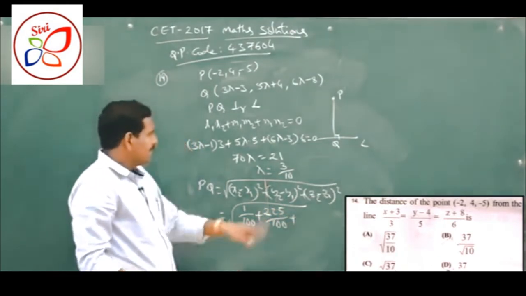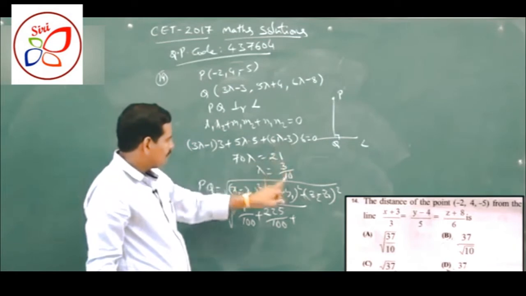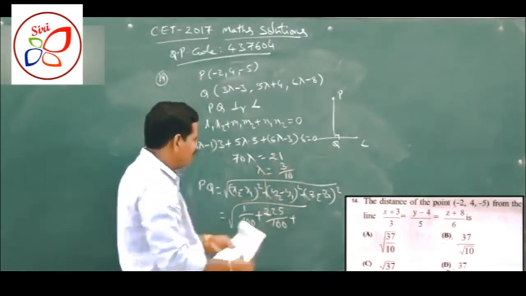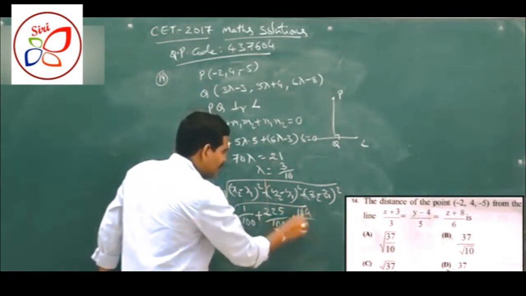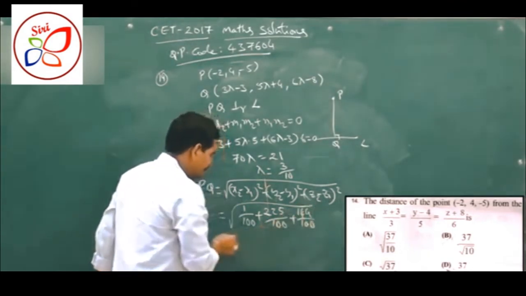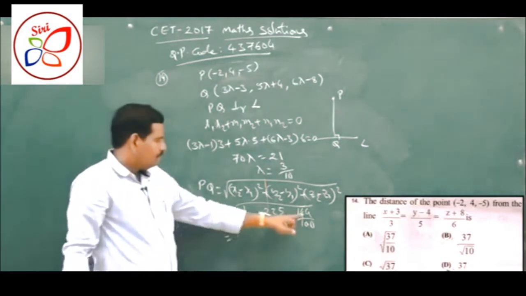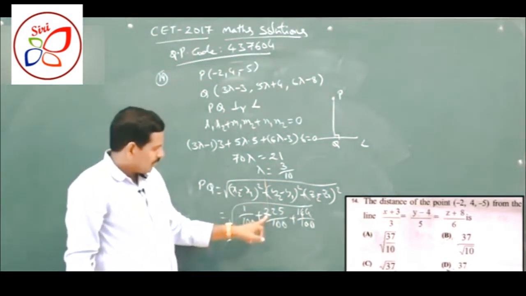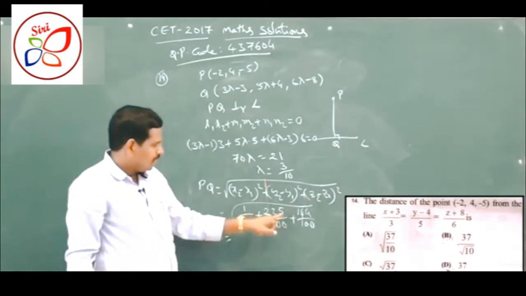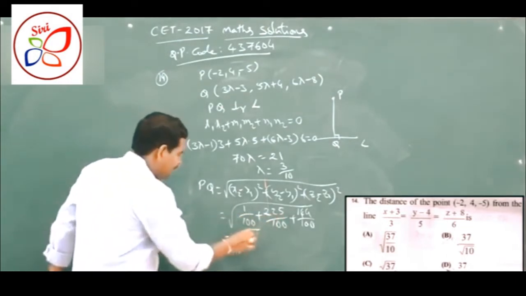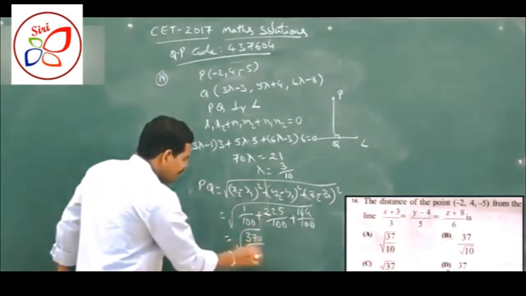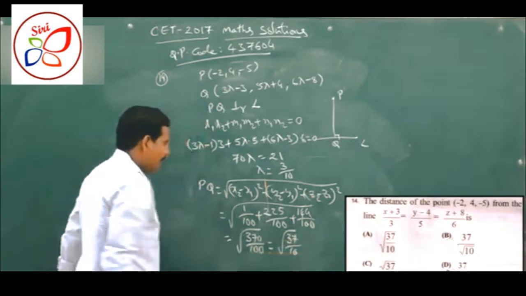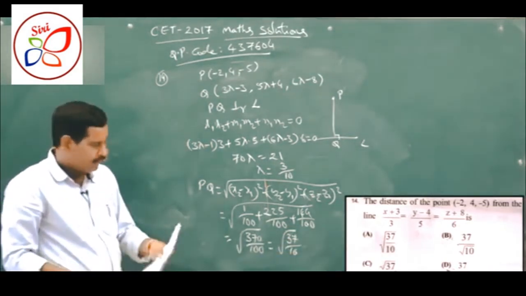Plus third one is 6 lambda minus 3. It means 6 into 3, 18, 18 minus 30, 12. 12 square is 144 by 100. Total 144 plus 1, 145 plus 200, 345, 350, 370 by 100. Cancelling 10, root of 37 by 10. So that answer is first option A.